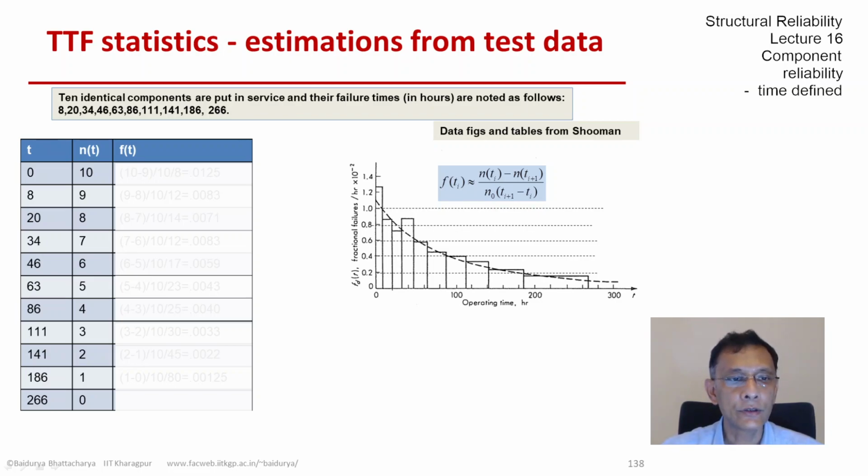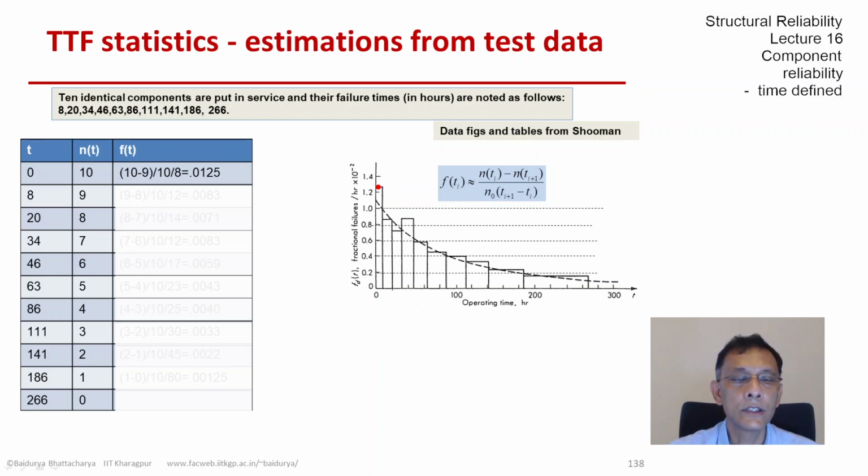So let's do it point by point. Now obviously, since we have Ti and the next step Ti plus 1, we are not going to have 11 estimates as we did for the CDF, because now we are dealing with the derivative and we are only going to have 10 estimates of the PDF.